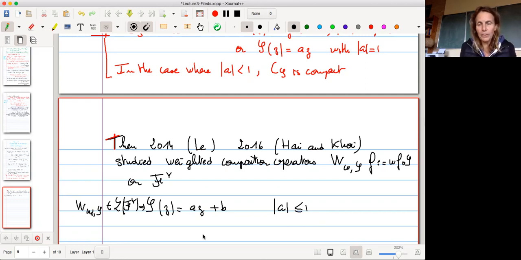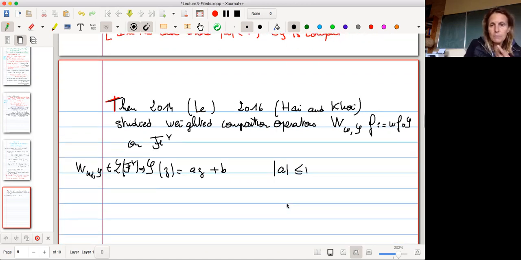Okay, I think I will not have time enough to consider weighted composition operators, even if we also studied them and their asymptotic behavior, but I will stay with the case of unweighted composition. So, as previously, let's start with the discrete case.